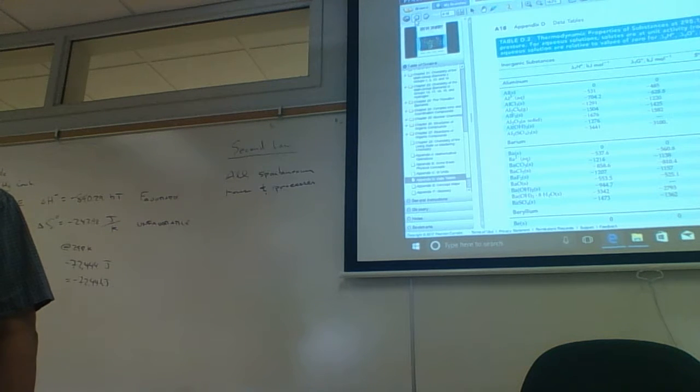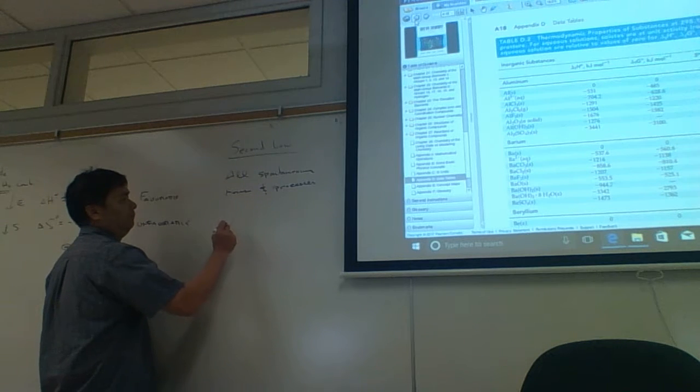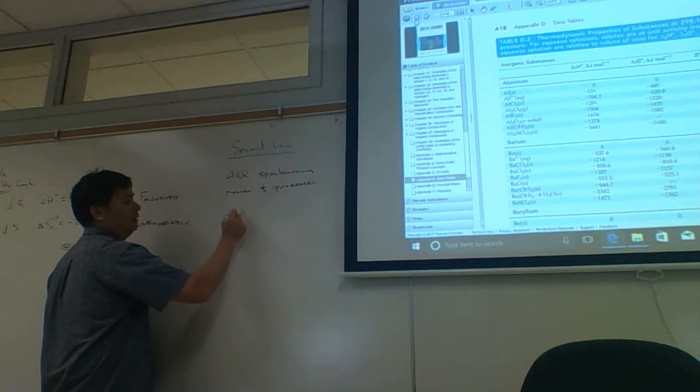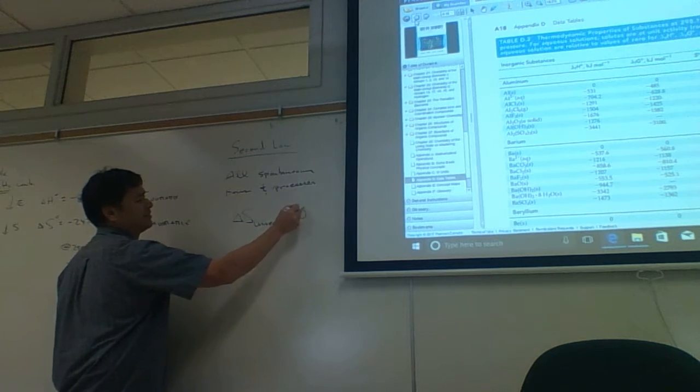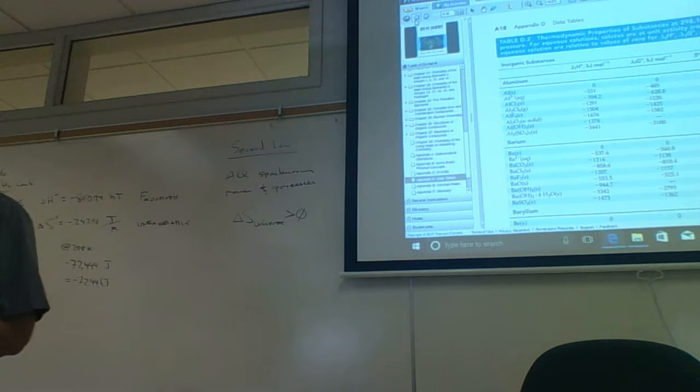What all spontaneous reactions and processes have in common is that we see that delta S of the universe increases, greater than 0. If delta S of the universe increases, then we know it should be spontaneous.